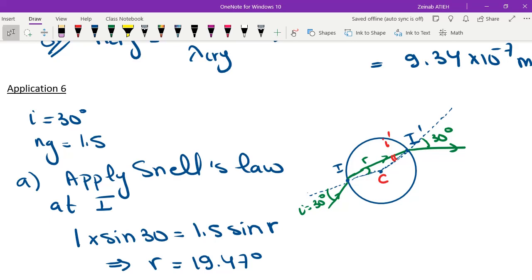Where is theta d? Theta d is the angle between the initial ray and the final ray. So I will extend the incident ray, let me extend it in violet, and I will extend the emergent ray like this.